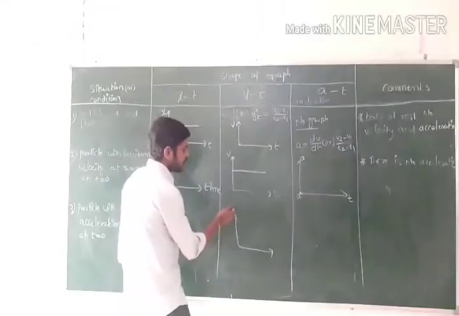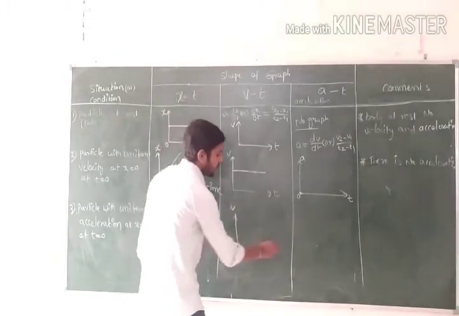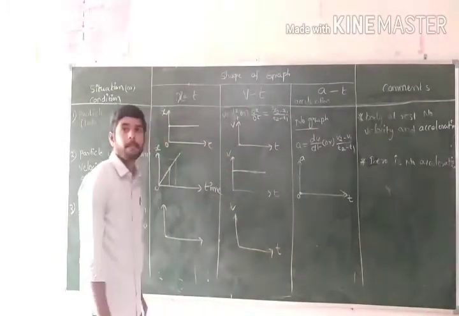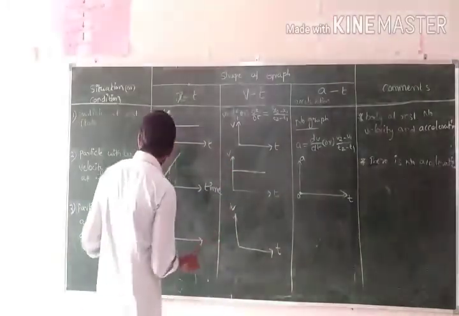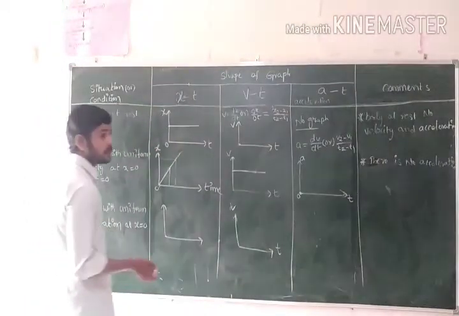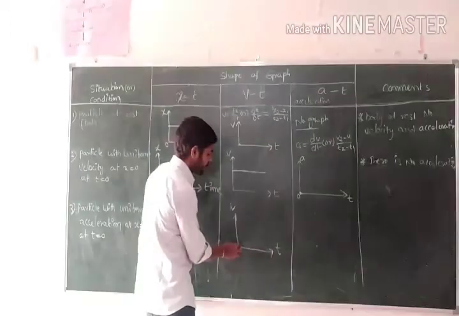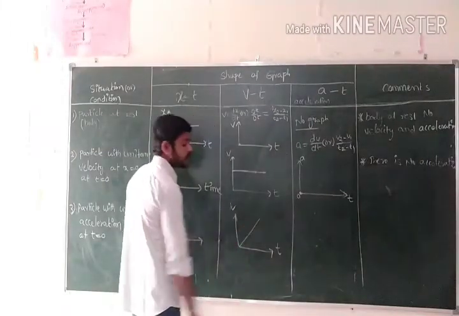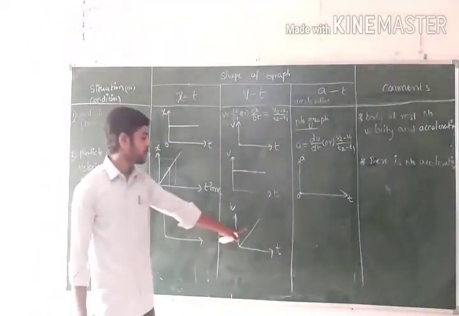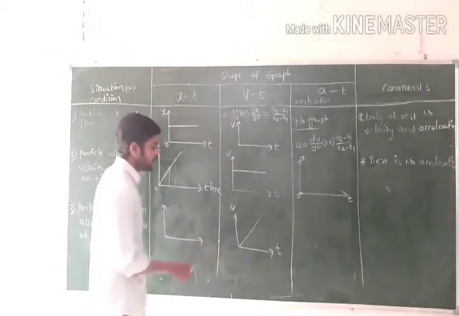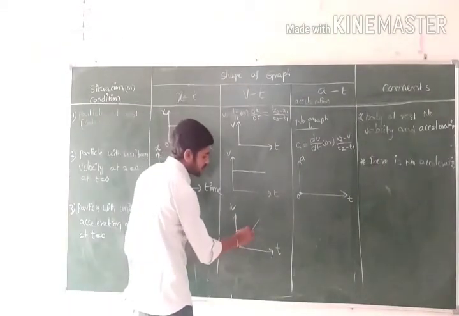Okay, this is velocity, and this is time. Now, uniform acceleration means the velocity versus time graph comes out linear. Everywhere you take the slope of the graph, it is constant.